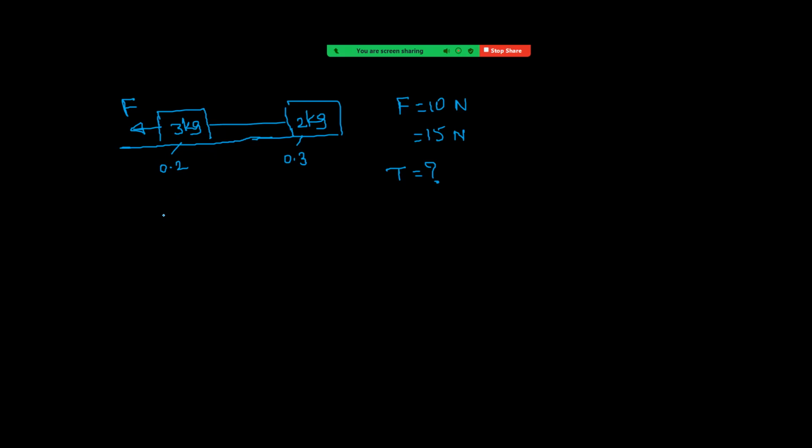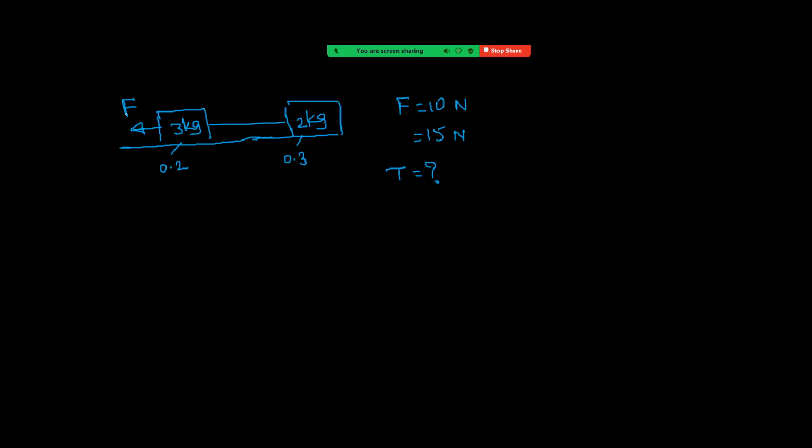First we have to focus on what the limiting value is. Again, the limiting value is 6 Newton because 30 into 0.2. Here also the limiting value is 20 into 0.3. 6 and 6. Right? So if you want to move the system, we have to apply a minimum of 12 Newton.